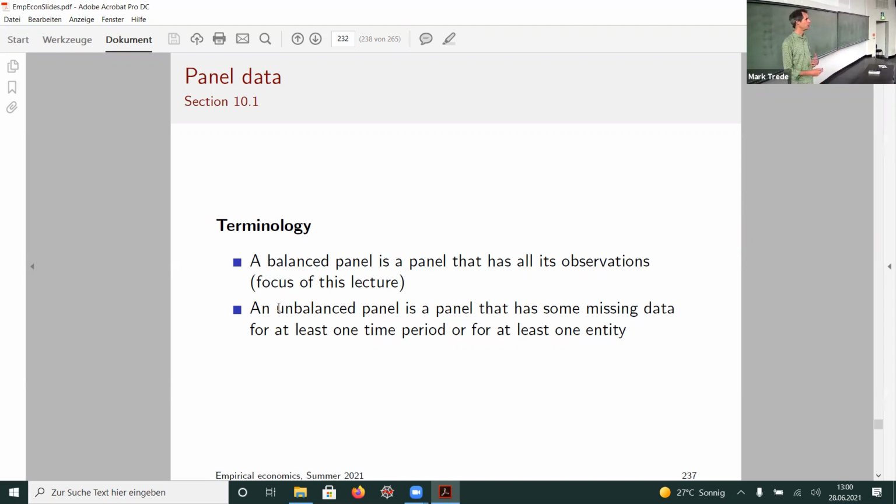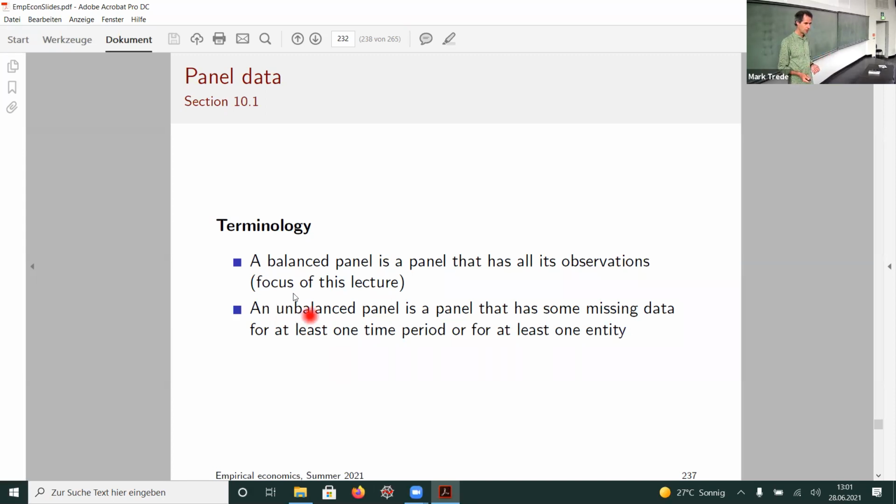So if you have a panel of workers, then individuals who retire just drop out. So you might have 2,000 workers you look at in 1 year, the next year, and the third year, but out of these 2,000 workers, only 1,900 remain in the second wave, and maybe 1,500 remain in the third wave. Then it's an unbalanced panel.